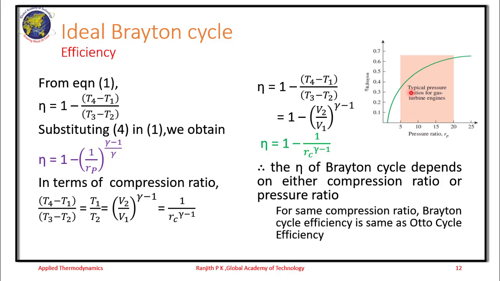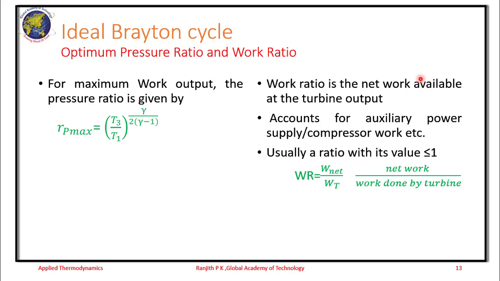This graph gives the typical pressure ratios at which gas turbines are operated. As the pressure ratio increases, the efficiency of the Brayton cycle increases. The expression for the optimum pressure ratio is obtained when we consider maximum work output.